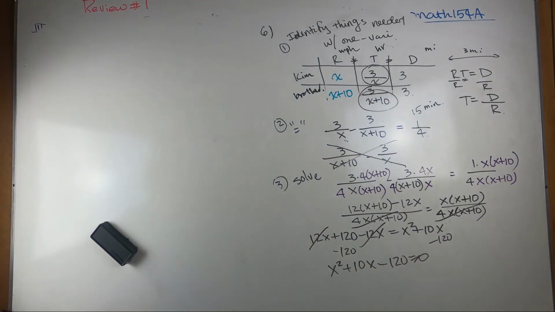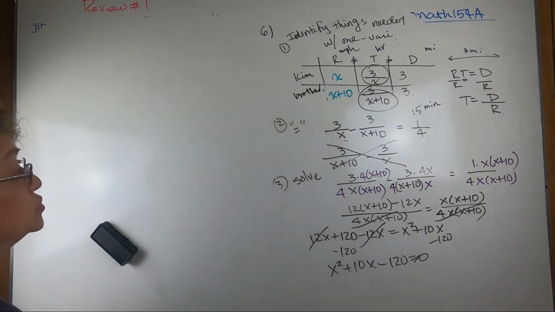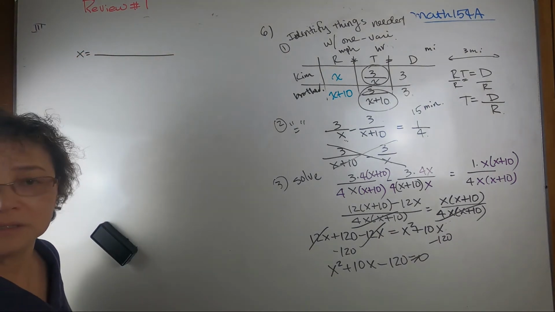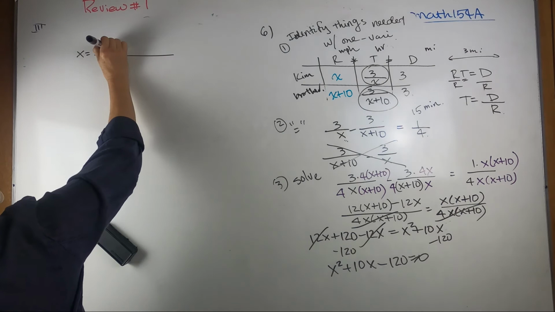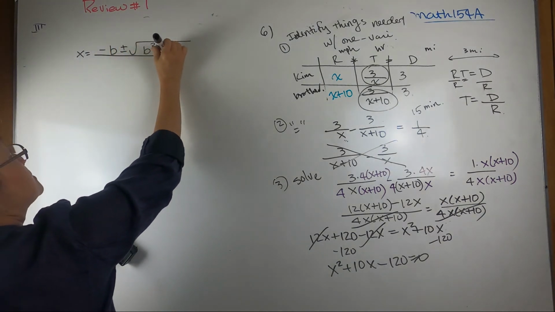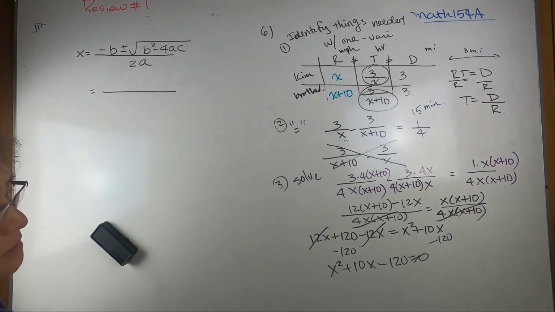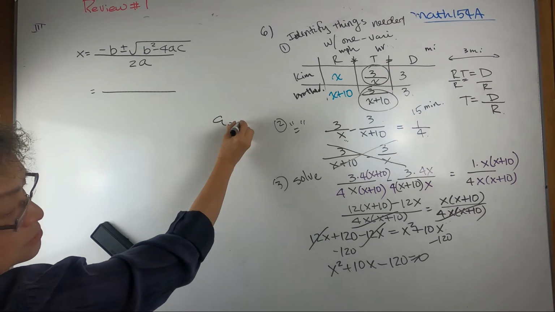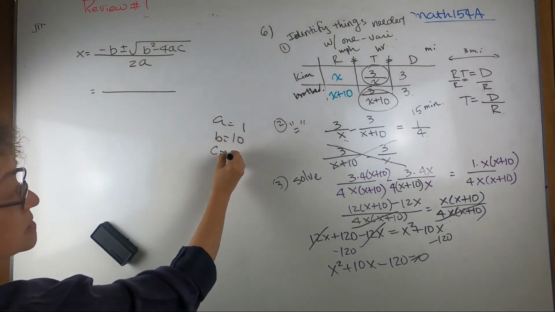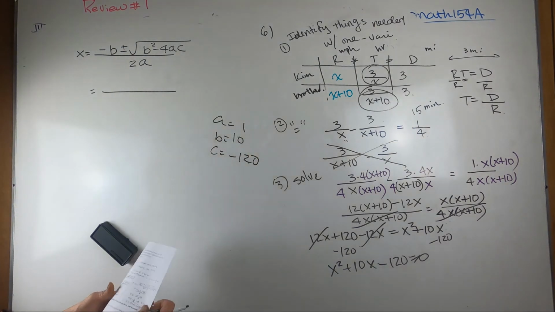So if we don't have good numbers, what should we do? We should use the quadratic formula, right? So x is negative b plus or minus the square root of b squared minus 4ac, over 2a, right? What is your a? a is 1, b is 10, c is negative 120. You can use a calculator for this class, right?